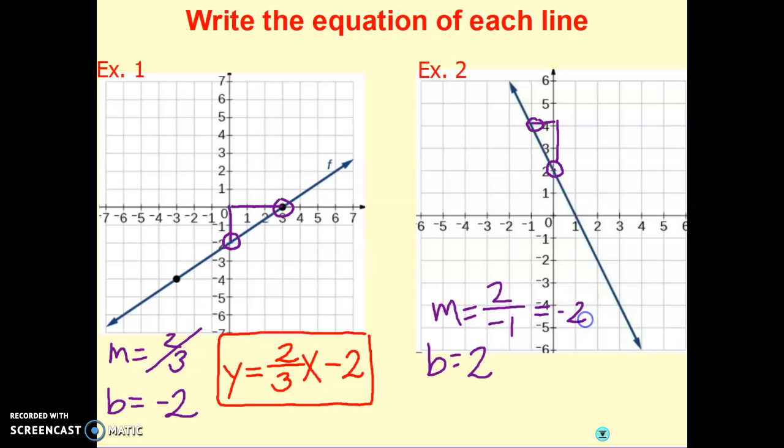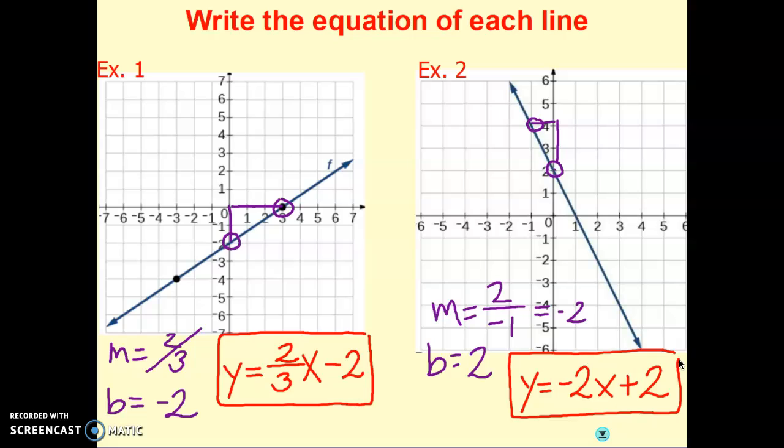If I divide 2 by -1, I get a slope of -2. Hopefully it's obvious that this is a negative slope because the line is slanted down. When I put those into slope-intercept form, y equals -2x plus 2 is the equation.